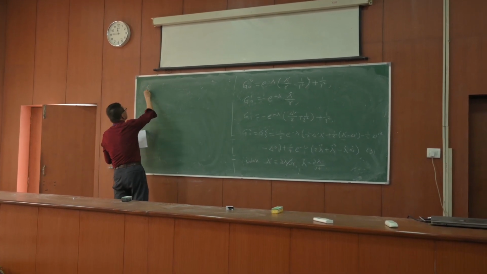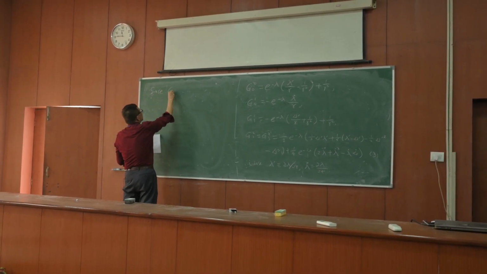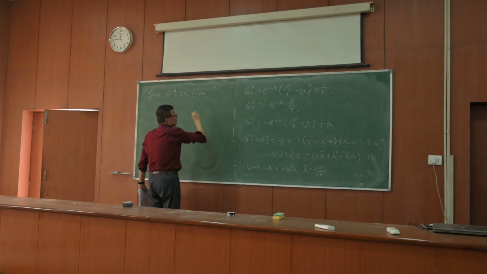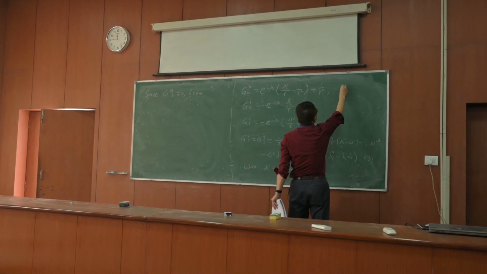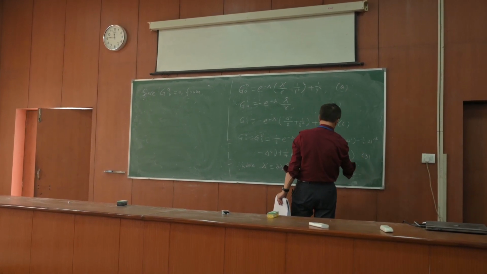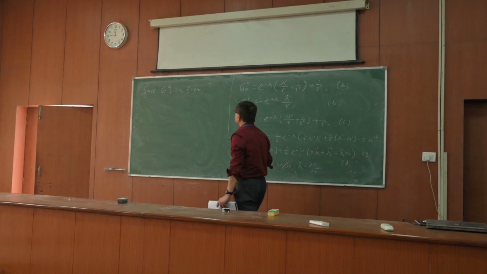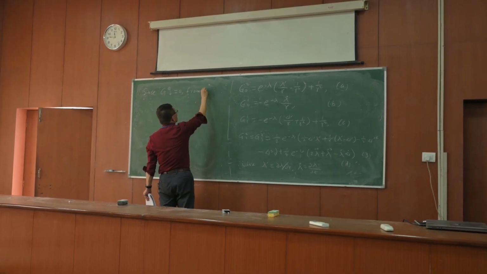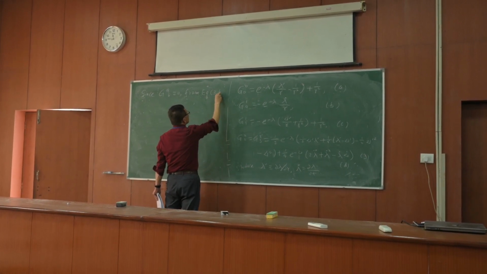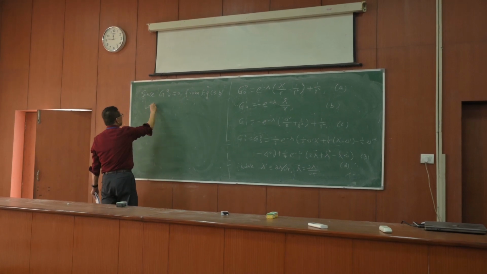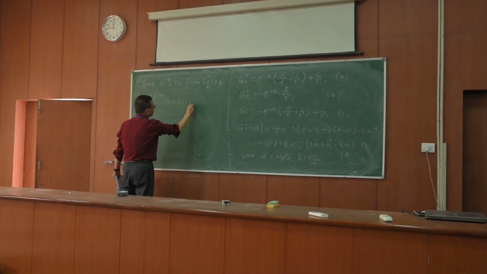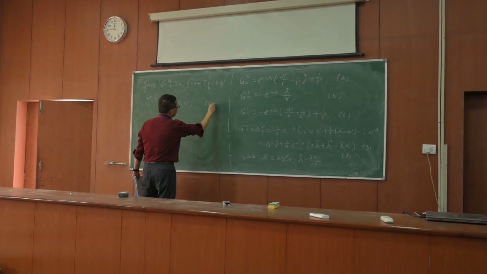Then, since T_AB equals 0, from this we name the equations A, B, C, D, and the lambda equation gives the first equation.